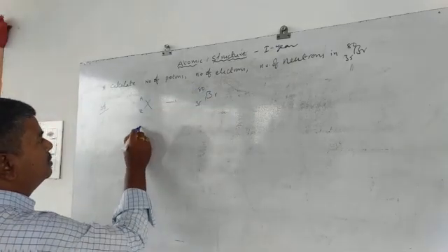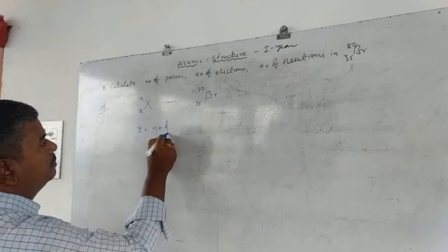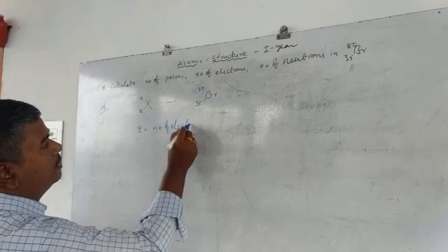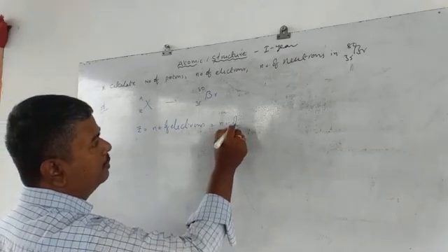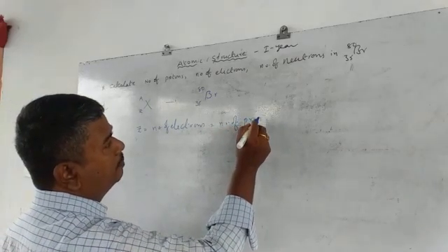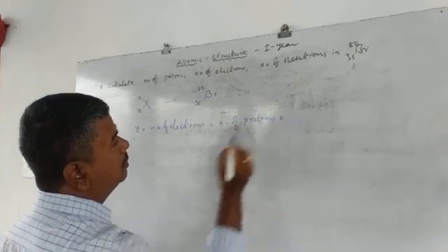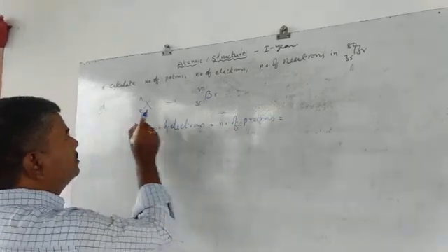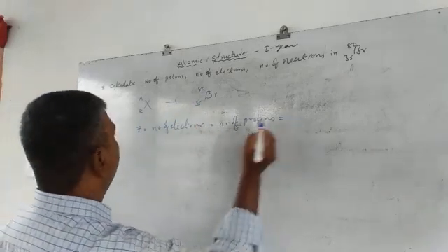That means Z, which equals the number of electrons, which equals the number of protons. Here Z represents this one. So that is the atomic number only. So that is equal to which one?